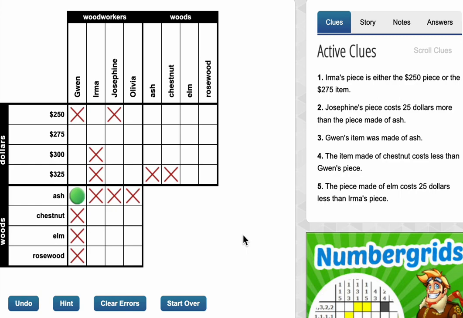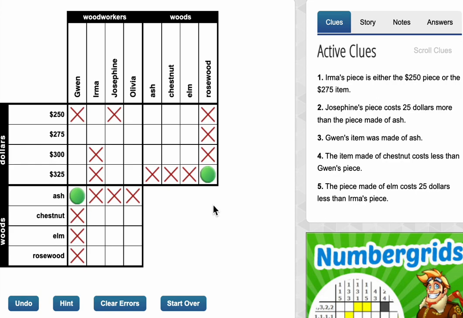The piece made of elm costs $25 less than Irma's piece. So the elm one can't be the most expensive one because it's less than something else. Which means rosewood must be the most expensive one, which X's out everything else in the rosewood column.